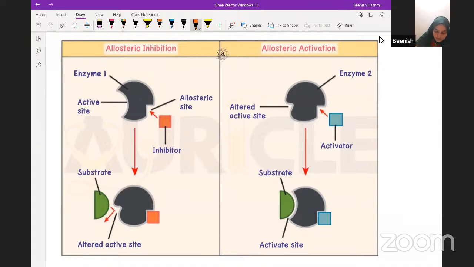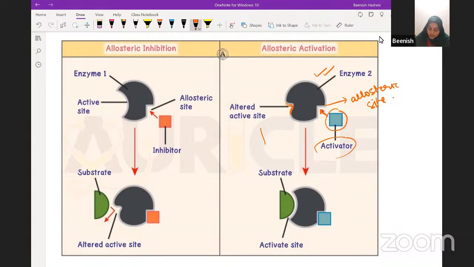Actually, no. First, we're taking activation. This is the diagram. So this is the enzyme you see. An activator is going to come and bind to the allosteric site. This is the allosteric site. And what happens when this activator binds to the allosteric site? You can see this active site has a very small and shallow groove.